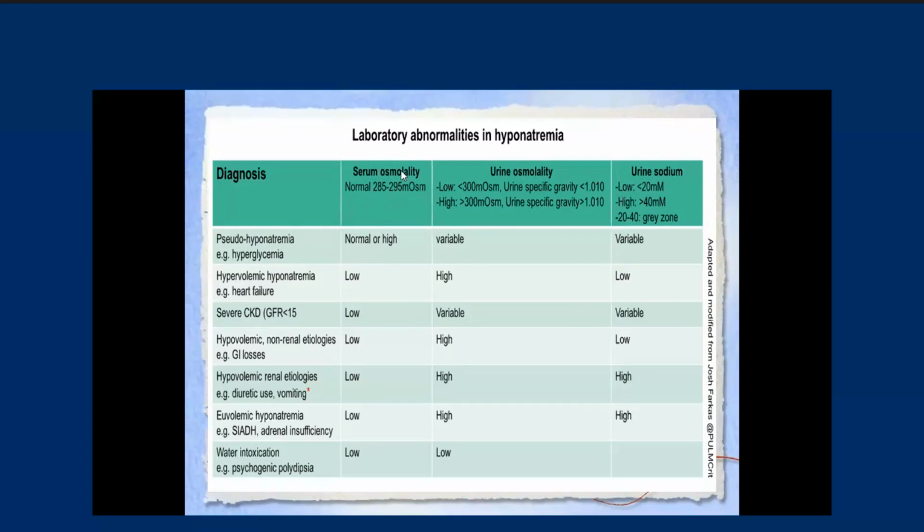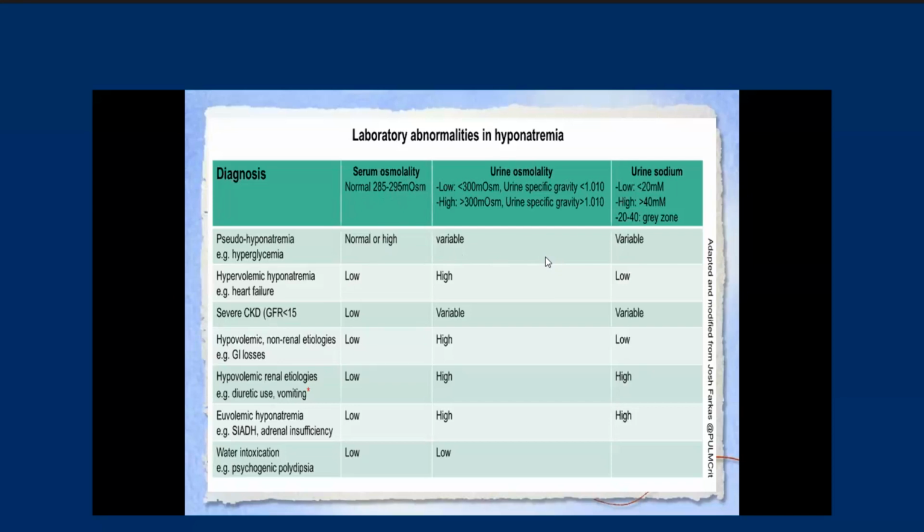So the serum osmolality is going to be high, but the urinary osmolality as well as urine sodium is going to vary. If there is associated osmotic diuresis, then the urinary osmolality is going to be low. But if there is no associated osmotic diuresis, then that will be high.